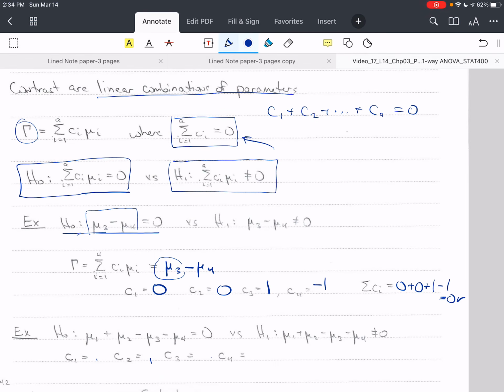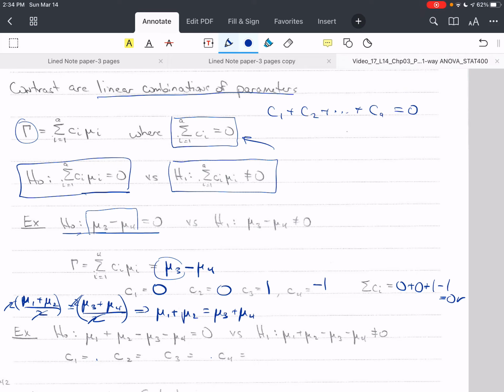Okay. Now, what if we're interested in the average of the first two levels versus the average of the second two levels? So what we have is (mu1 plus mu2) over 2 is equal to (mu3 plus mu4) over 2. Well, I can multiply both sides by 2, and the 2s cancel out, and I'm left with mu1 plus mu2 equals mu3 plus mu4.